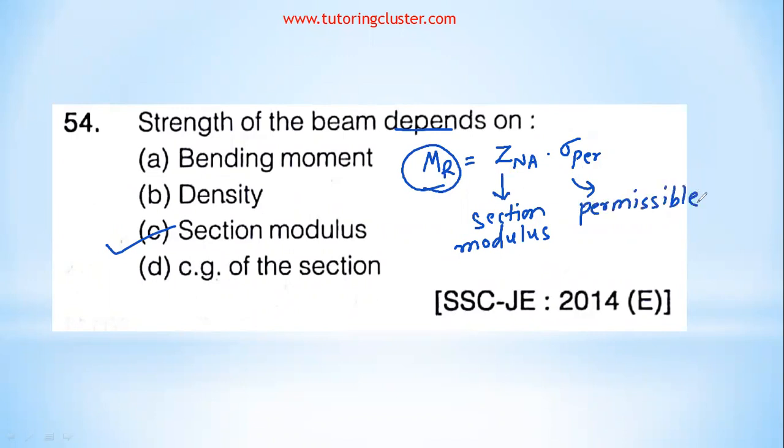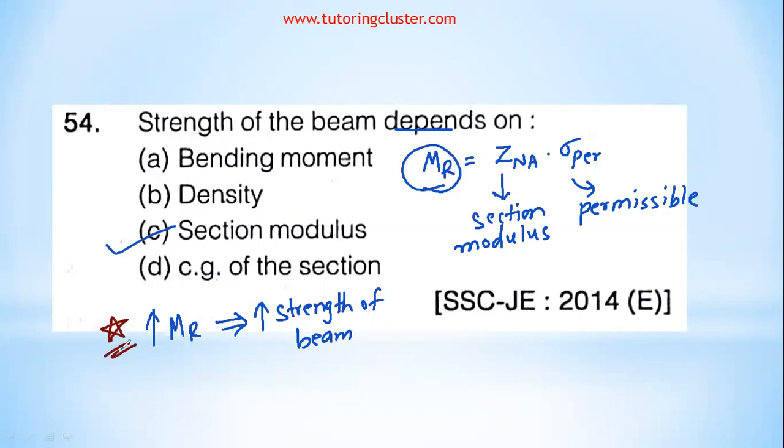Okay, so basically higher the value of MR, that means higher the value of moment of resistance, it implies higher the strength of beam. Okay, so this concept is very important.